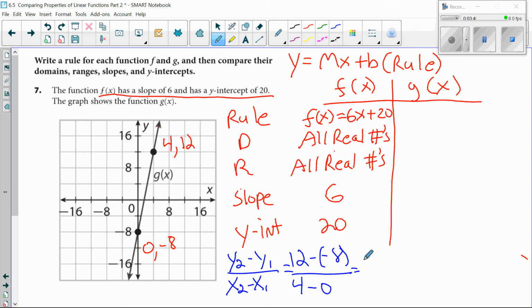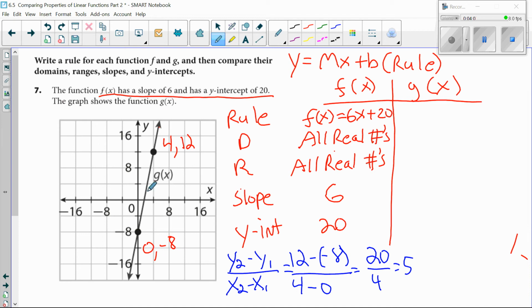So this is going to add, and it's going to give me 20 over 4, which is equal to 5. So my slope is 5.